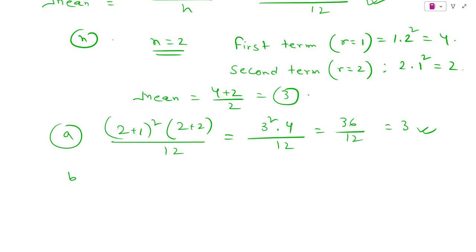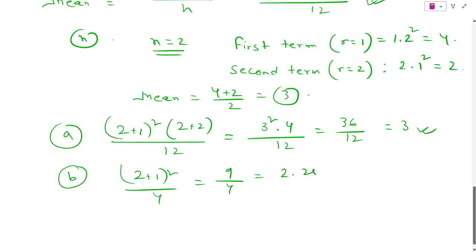Okay, now let's test the other options as well. Option B says (2 plus 1) whole square by 4. So this is 9 by 4, so this is 2.25. Incorrect. Option number C represents 2 into (2 plus 1) whole square by 12.